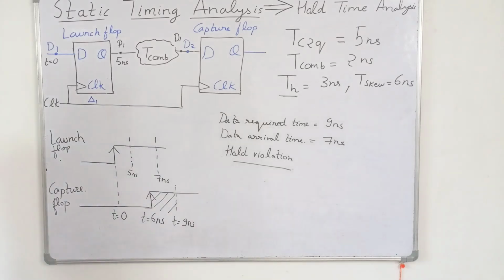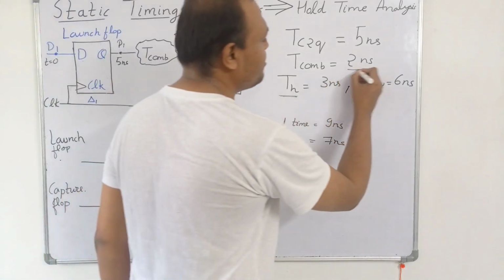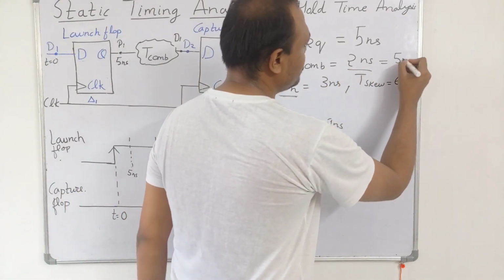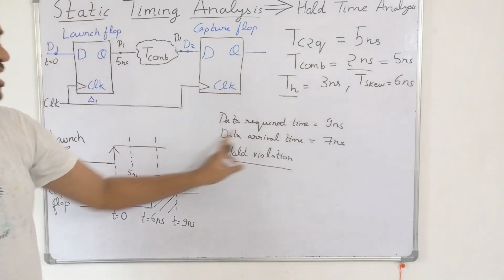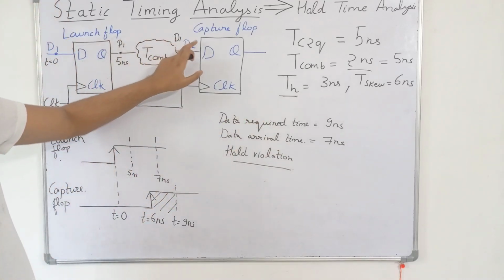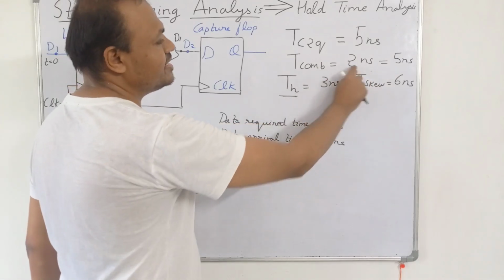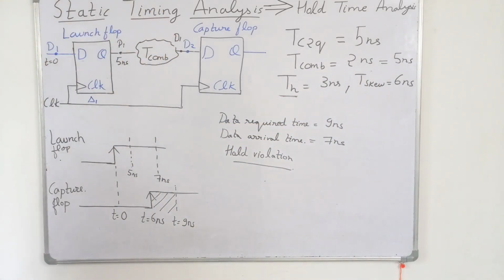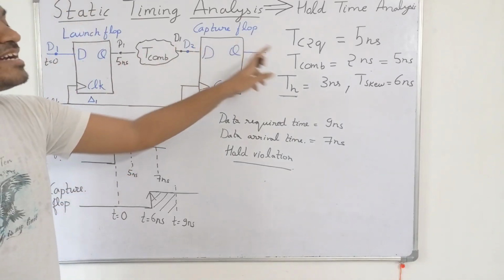We can slow down the data path. Suppose I increase this t_comb from 2 nanoseconds to 5 nanoseconds, because we were having a hold violation here. This new data D1 was corrupting our data D2. So now the combinational logic delay is increased to 5 nanoseconds, which means we have increased the data path delay.